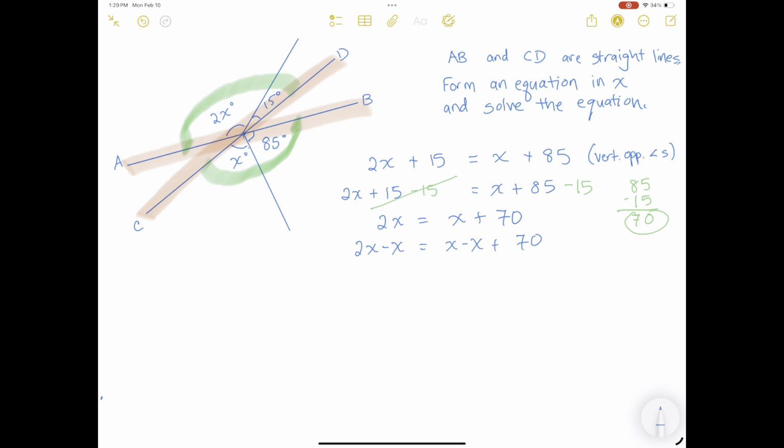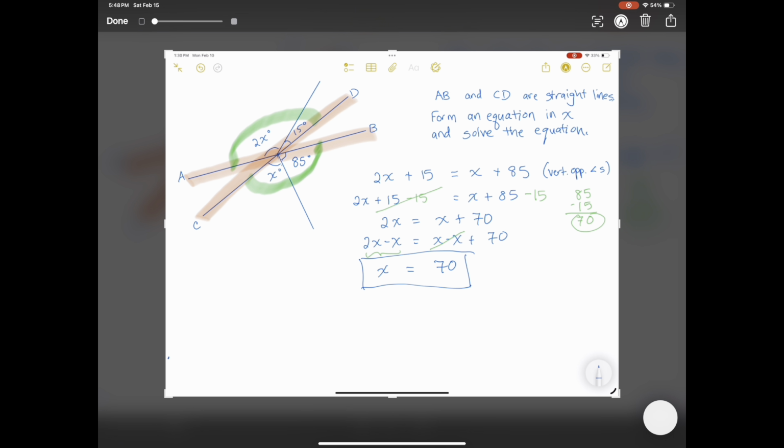On the right-hand side of the equation, x minus x equals 0, leaving 70 by itself. And on the left-hand side, 2x minus x equals x. You can think of that as 2x minus 1x equals 1x, or just x by itself. So I have x equals 70. I box my answer, but now I need to check my work.